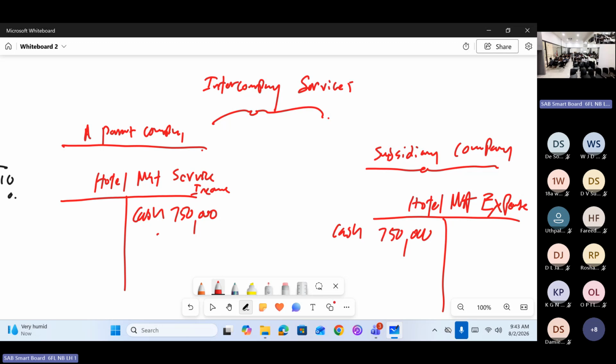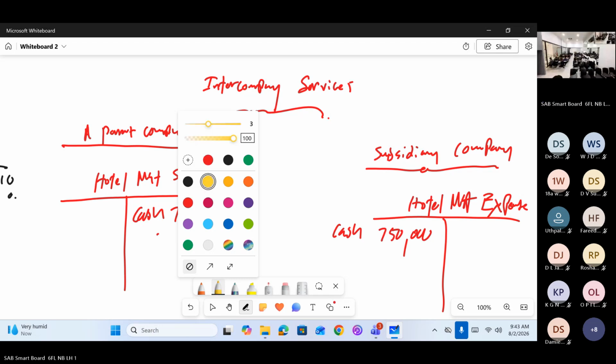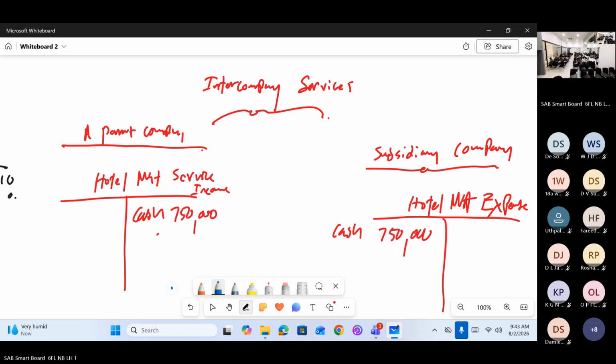Here, they have paid in cash. What are we supposed to do then? The entry: this expense account credit, this income account debit.